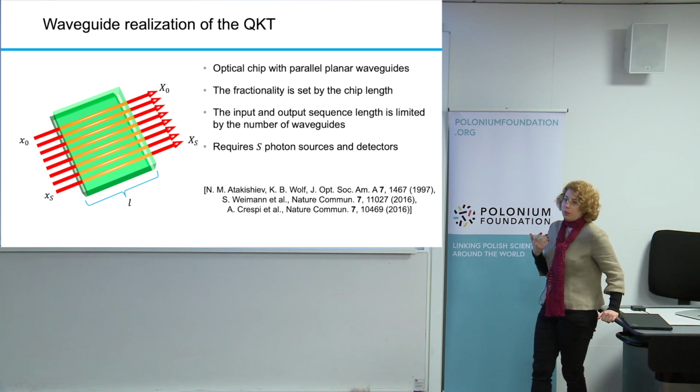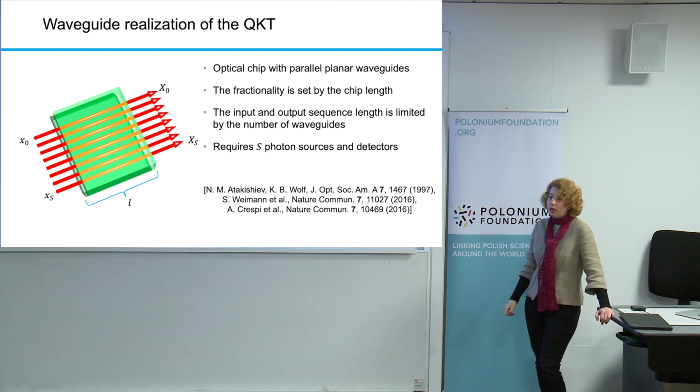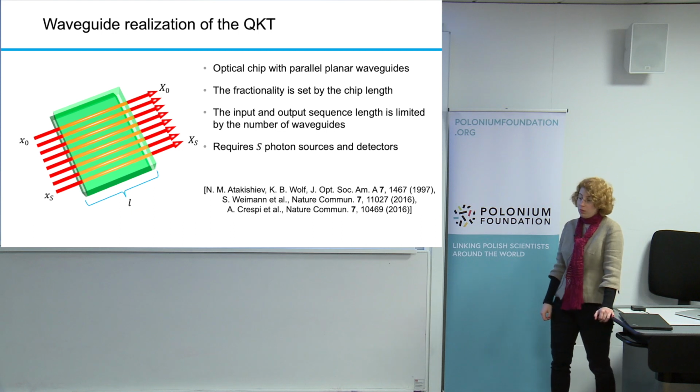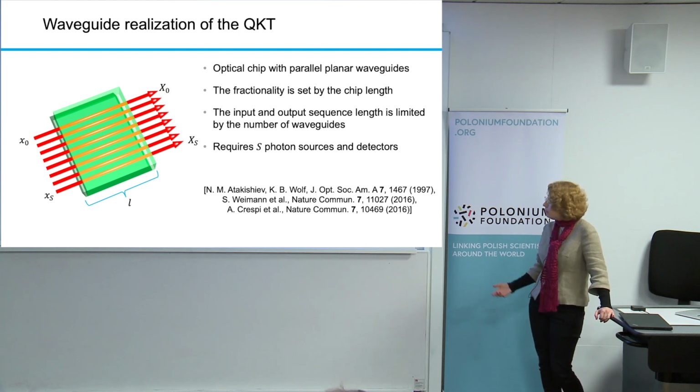This was proposed by Atakishev and Vogt as early as 1997, and performed experimentally only recently by a group in Germany in 2016, and the other in Rome, La Sapienza.